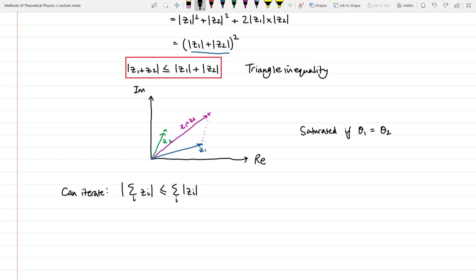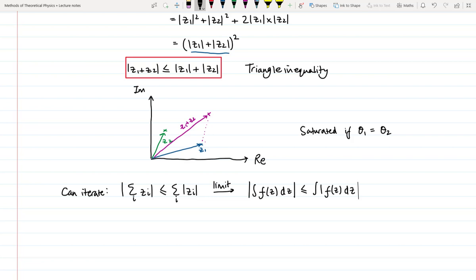We know that we can often think of integrals as the limit of sums, and it turns out that if we have the integral of some complex function f of z dz, the magnitude of the resulting complex number is less than or equal to the integral of mod f of z dz.